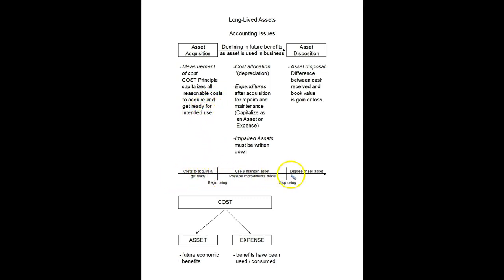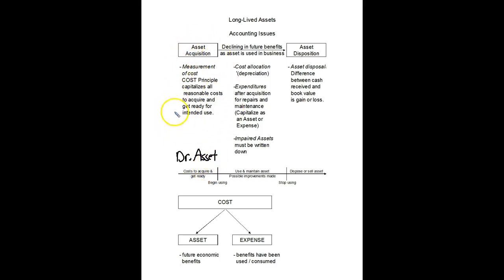So if we look at a time chart down here, this represents when we actually start using the asset. Typically, all the costs up until that point are costs to both acquire the asset and get it ready for its intended purpose. So usually, all of those costs are going to cause us to debit the asset, and of course, credit cash or some sort of payable.